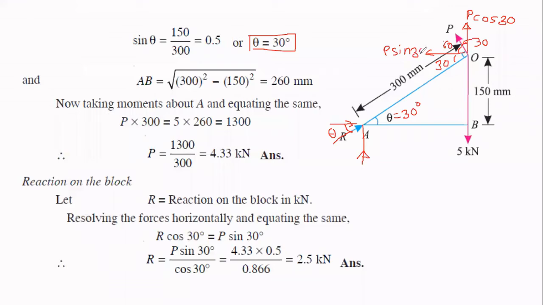I have considered the angle which is made by this P force with the vertical axis. And how have I calculated this one? As we know that this angle is 30, and if I draw a parallel line to this line, it makes an angle 30 over here. And this P force makes an angle 90 over here. That's why out of this 90, if I subtract this 30, we get 60 over here. Again, this resolved force having the angle of 90 degree means that this remaining angle is 30 degree.